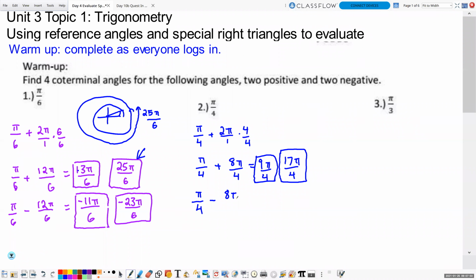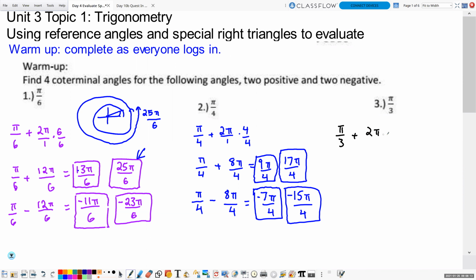I'm going to subtract my rotation. That gives me negative 7 pi over 4. I'm going to subtract it a second time. I can do this indefinitely. It's just like spinning around in a circle. Now I'm going to do it to pi over 3.